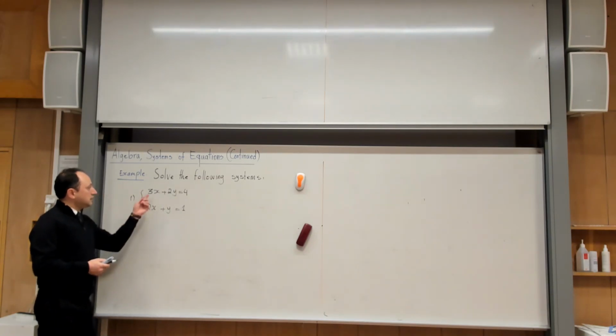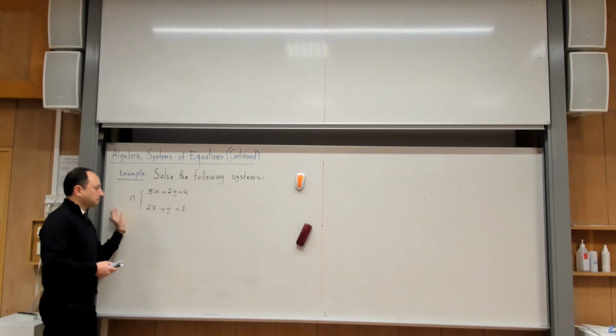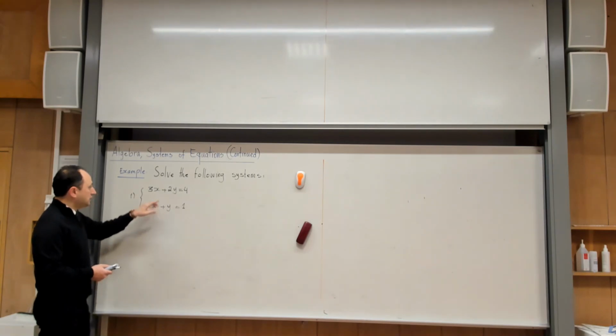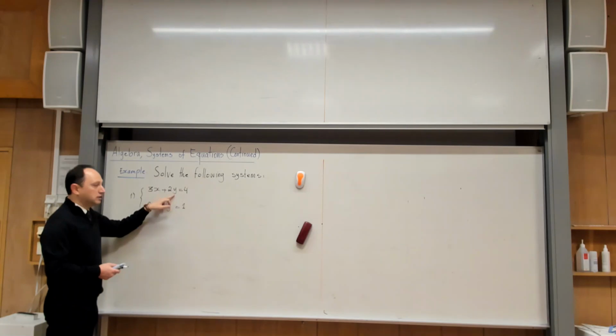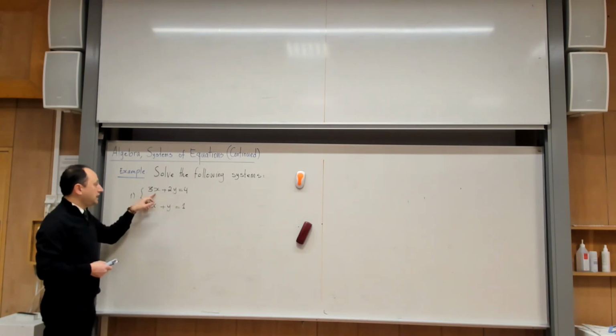So here, I want to find one of these variables alone so that I can go to the next equation and do the substitution. If I choose this equation, it doesn't matter. If I want to make y alone, I have to divide by 2 at the end. If I want to make x alone, I have to divide by 3 at the end.